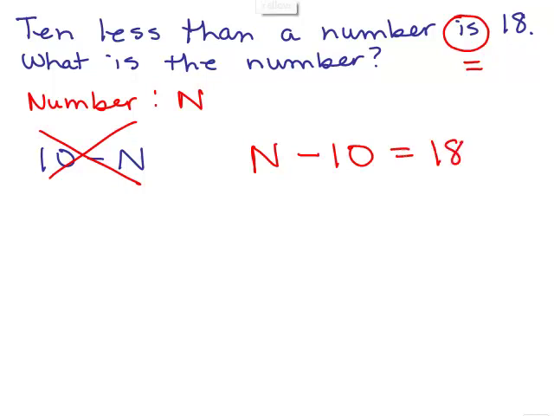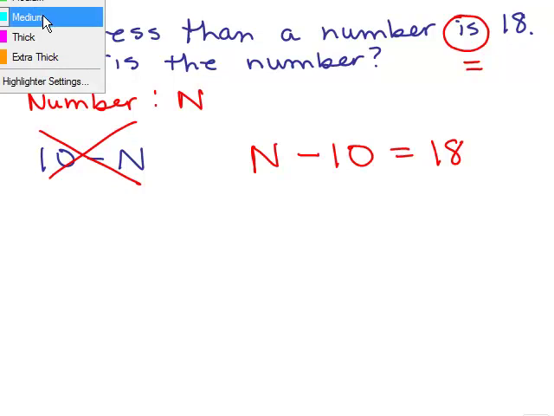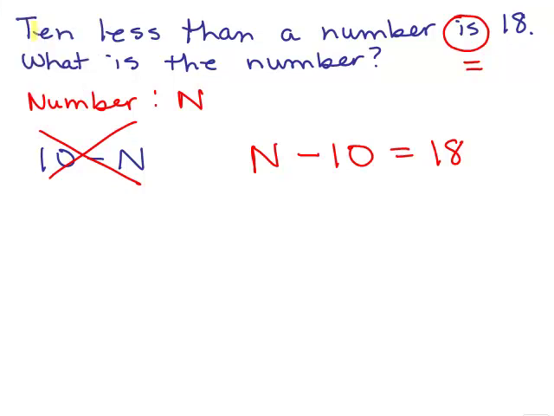So what happens, we're breaking up this problem into two parts. The part before the word is will go on the left side of the equal sign, and the part after the word is will go after.